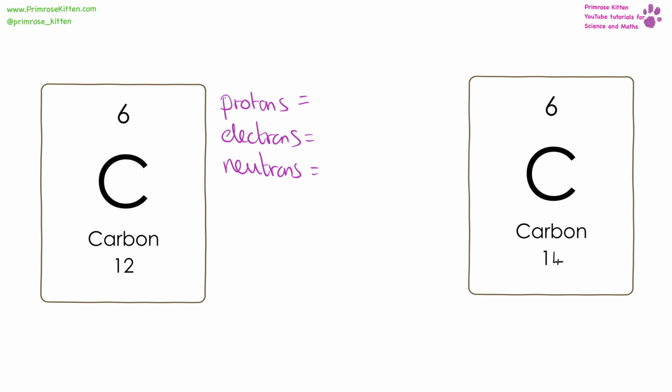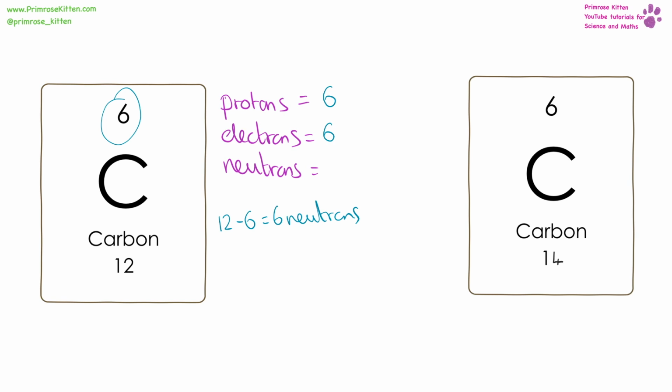Here we have two different isotopes of carbon. Carbon-12 and carbon-14. Working out the number of protons is exactly the same. It's the atomic number, so for both of those that is 6. The number of electrons in an atom is the same as the number of protons, so that is 6. But the neutrons here is different, because for carbon-12 it is 12 minus 6, giving us 6 neutrons.